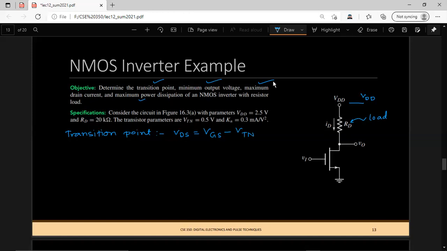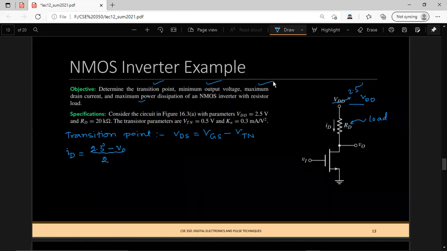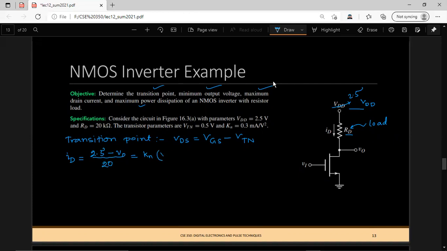So the formula for the drain current would be: VDD is here 2.5, minus V0, divided by 20, because RD is 20 kilo ohm, equals, the formula should be Kn times (VGS minus VTN) squared.